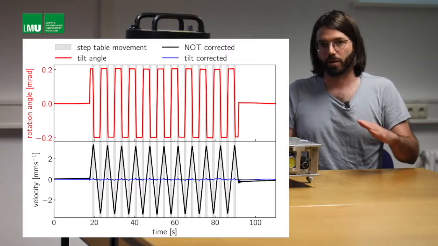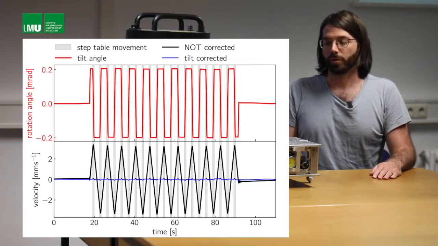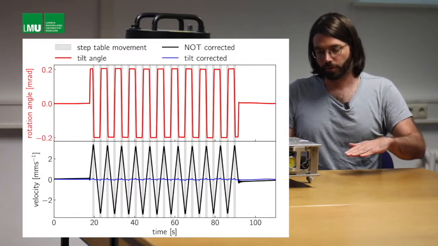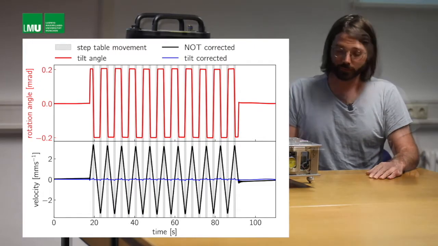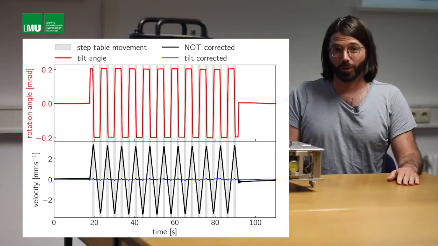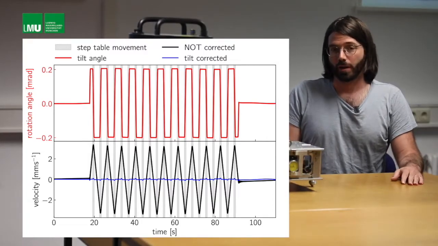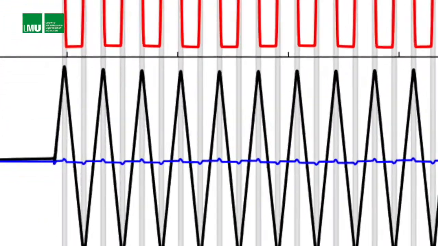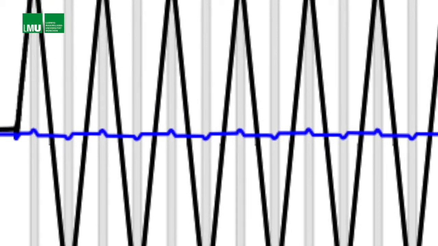You clearly see a linear increase of the seismometer mass velocity when the tilt angle is constant, so a constant acceleration acts onto the proof mass. After tilt correction, we see an almost flat line with some residuals left over. If we zoom in, we see that these residuals simply come from the lateral movement of the seismometer mass induced by the rotation.